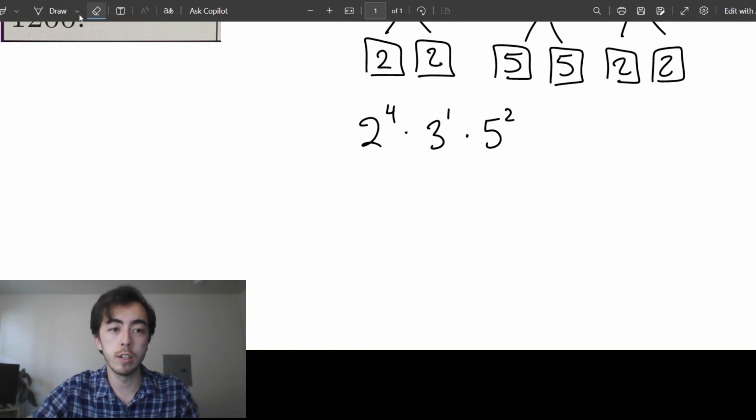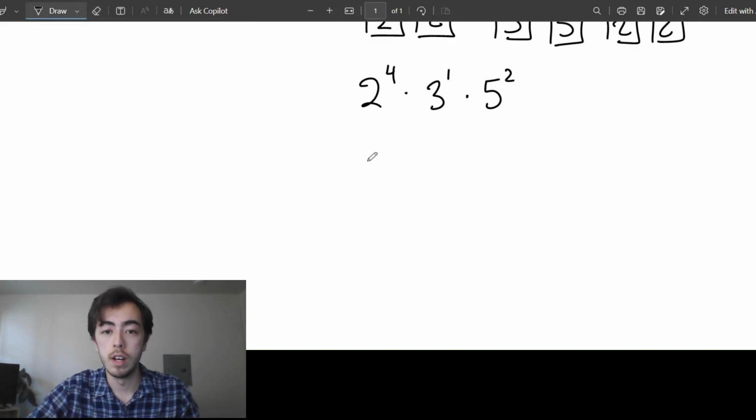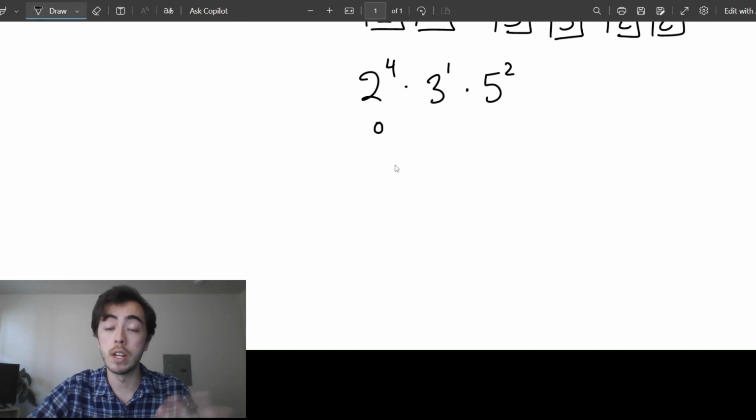And essentially, I could pick any number of 2s. I could even pick none of them. So I could pick 0 2s, 1, 2, 3, or 4 2s when I'm constructing one of these composite factors. I could either pick no 3s or 1 3, and then finally I could pick 0, 1, or 2 5s.